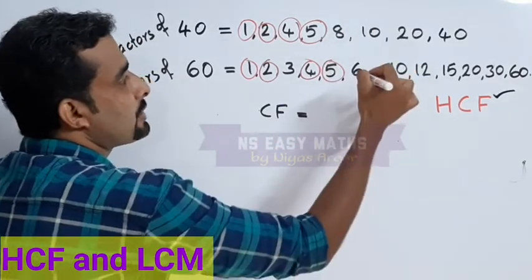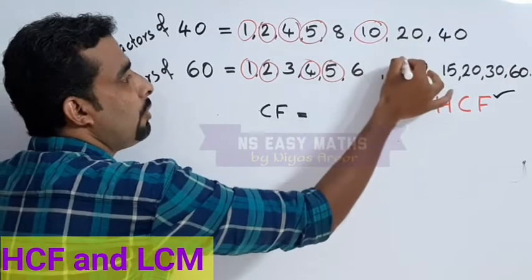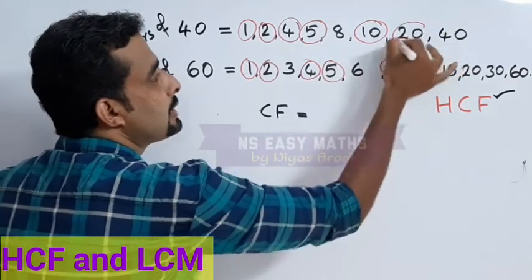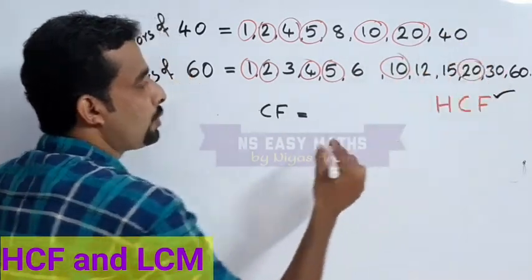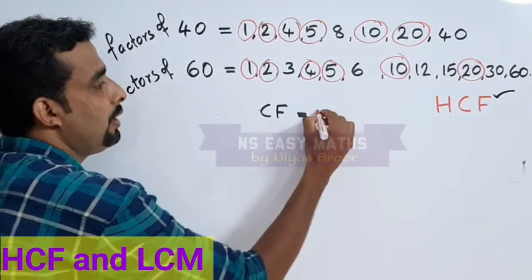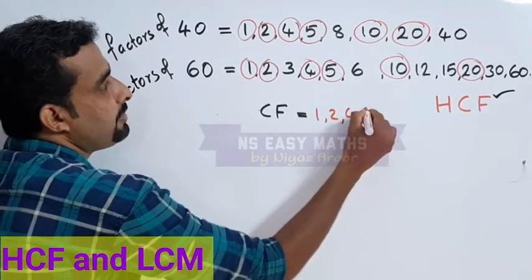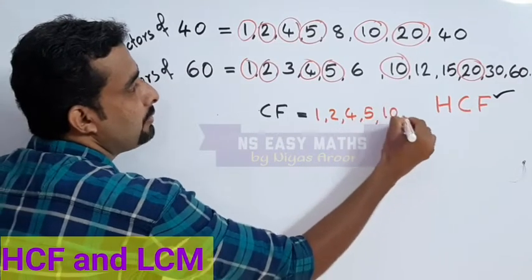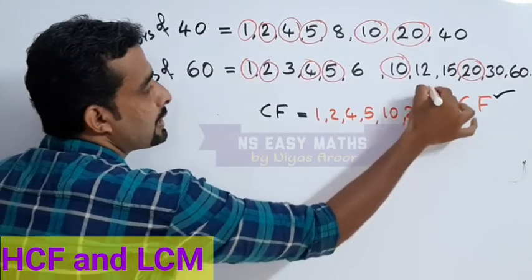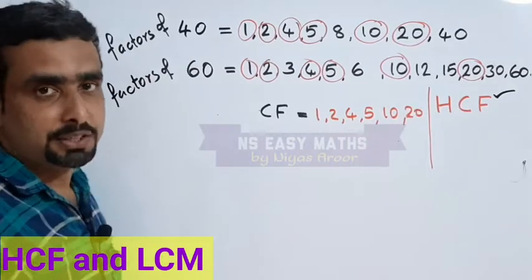Then 6 is not a common factor, 10 is common, 20 is common. So the common factors are 1, 2, 4, 5, 10 and 20.